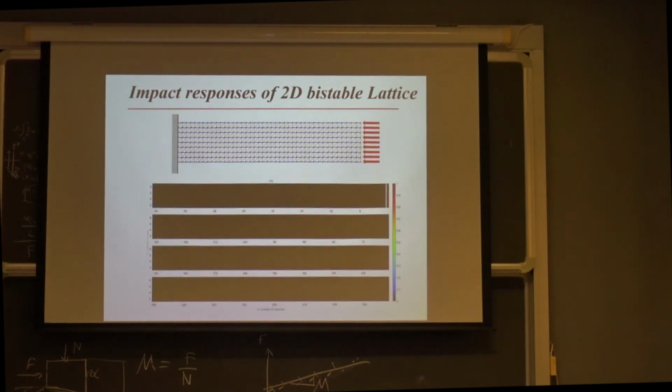What I'm going to show you here is a very long lattice with 256 columns. So I divided it into 4 snapshots. This is the first 64 columns, the next 64 columns, and so on. So you will see the front move from one snapshot to another.